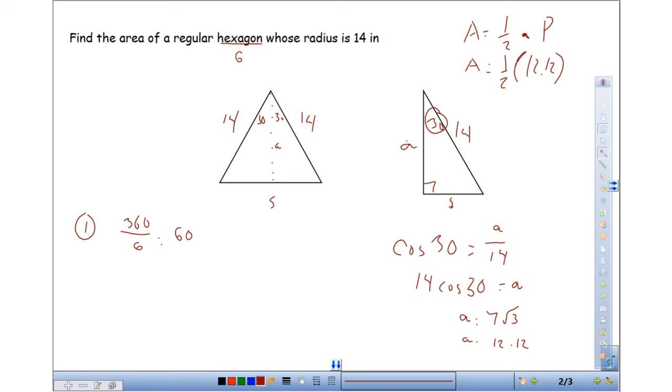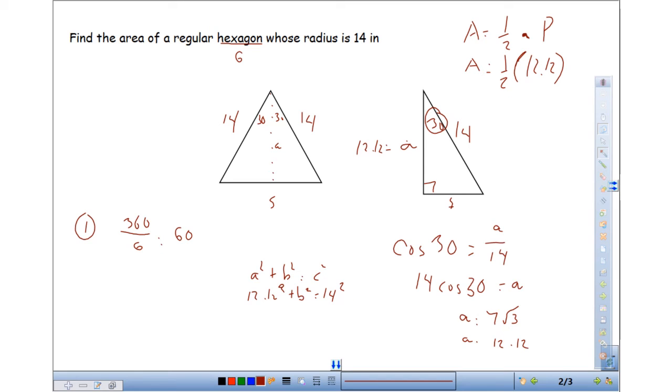The easiest way to probably do that is just to use the Pythagorean theorem because you're used to doing that. So this is 12.12 here, so I can do a squared plus b squared equals c squared. So using the Pythagorean theorem, a squared plus b squared equals c squared. I'm going to go ahead and say 12.12 squared plus b squared equals 14 squared.